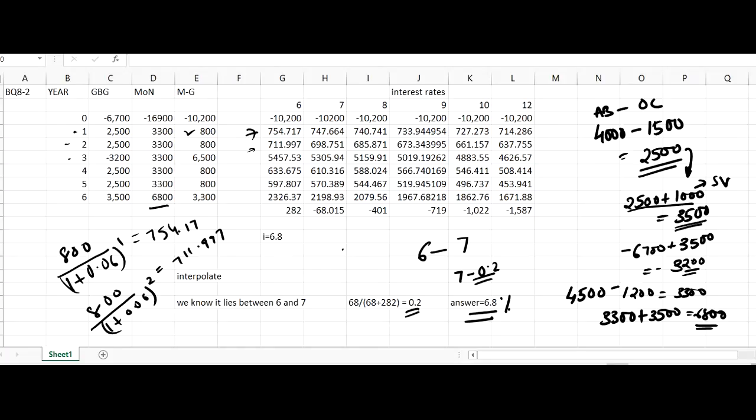Now for the MON case it is similar. It is having a span of 6. So for the sixth year it will be the annual benefit, I'm sorry, it will be 4500 minus 1200 gives you 3300, and this 3300 plus 3500 gives you 6800.